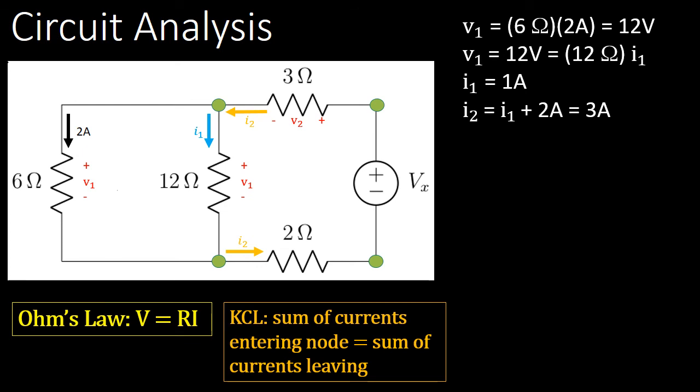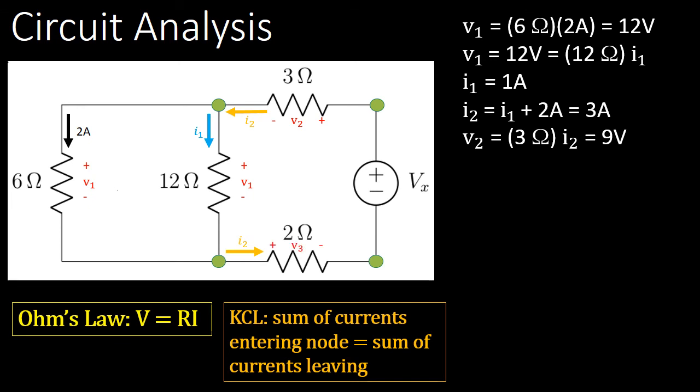We know that the current is flowing right to left through the 3 ohm resistor, and that means that we can designate the positive terminal for V2, the voltage across that 3 ohm resistor. Given that it's 3 ohms and that I2 is 3 amps, we can solve for V2 and say that it's 9 volts.